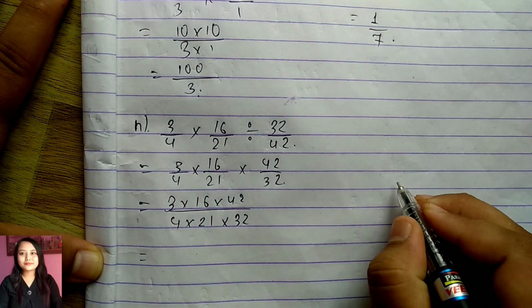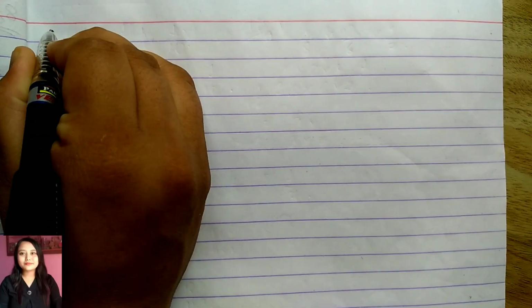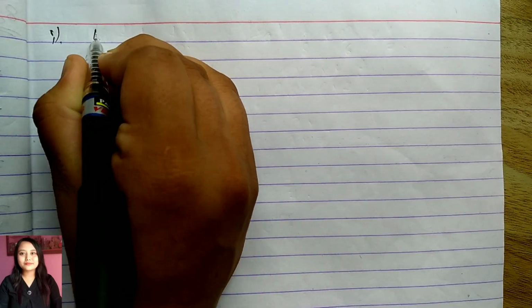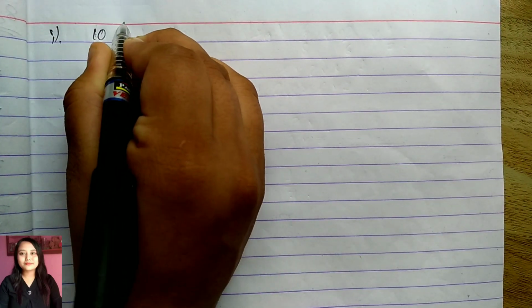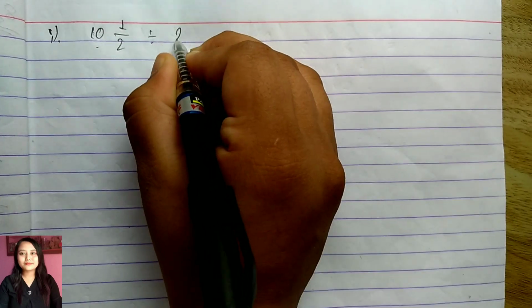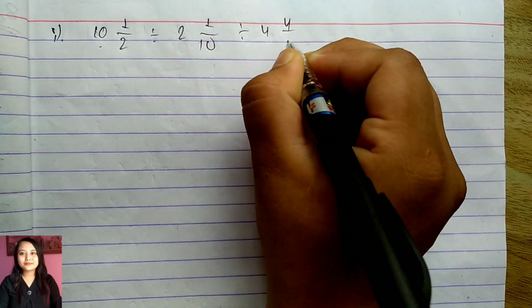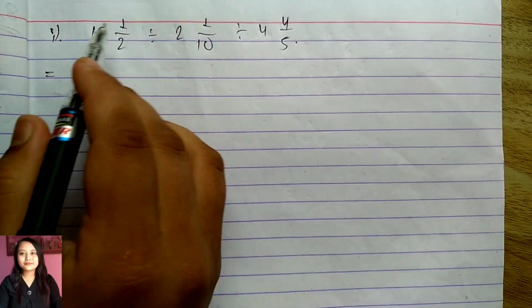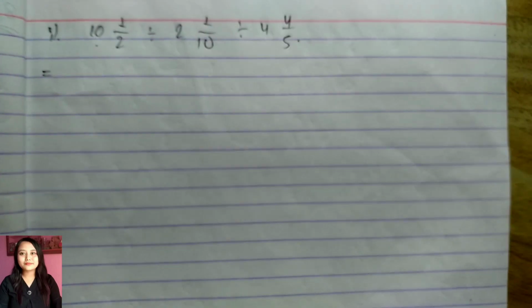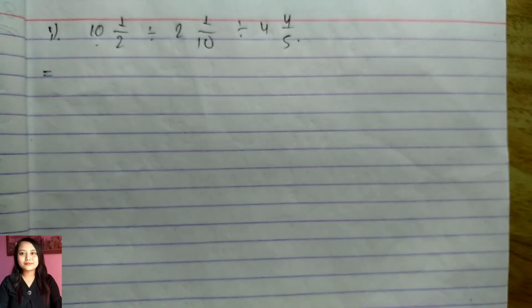Like of 16, you can see we can write. Now here in the last question, question I, you can see that there are 2 divisions. That is 1 and 1 by 2 is given, and 2 and 1 by 10 is given. Then after that 4 and 4 by 5 is given. Since there are mixed fractions, we'll solve the mixed fractions first.